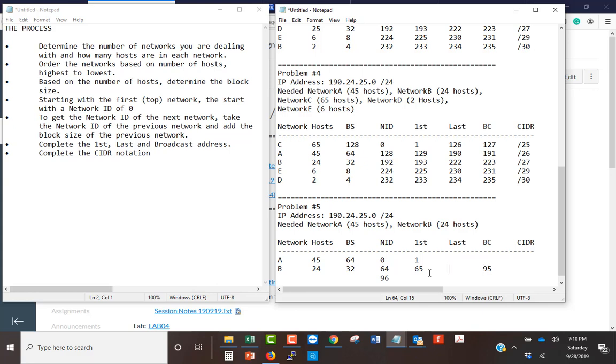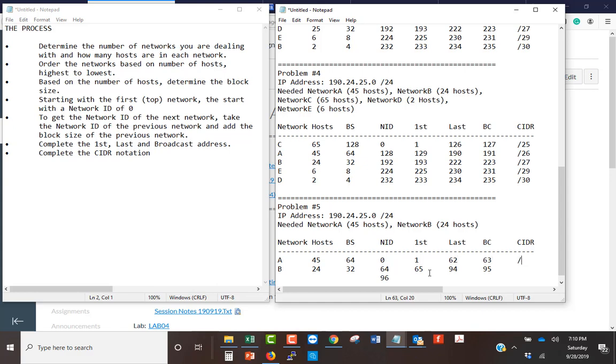And my last is 94. Up here, my broadcast address, as usual, is one less than the network ID of the next network, so it's 63. And its last host is 62.